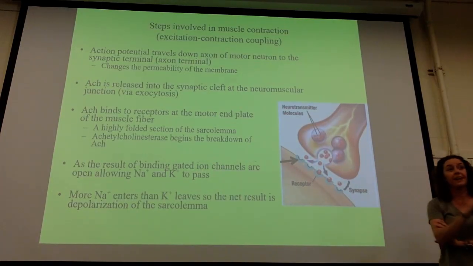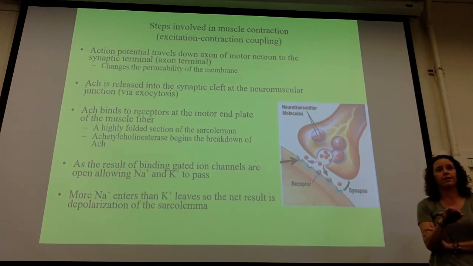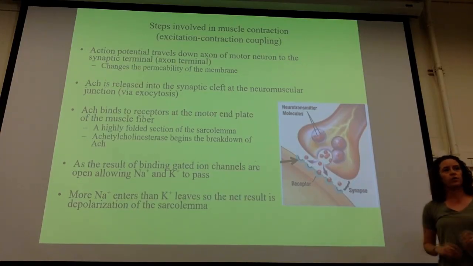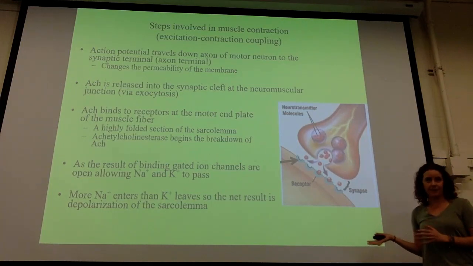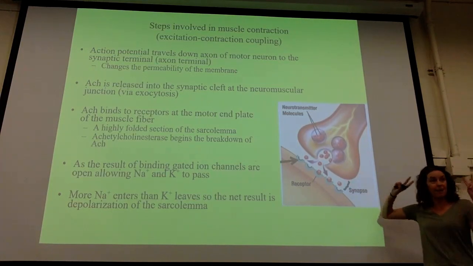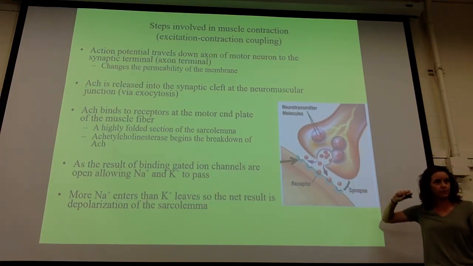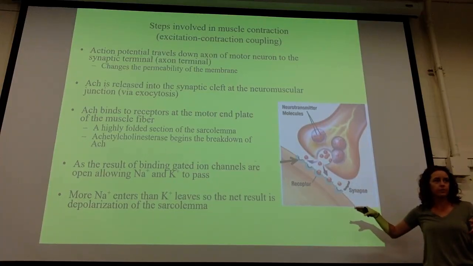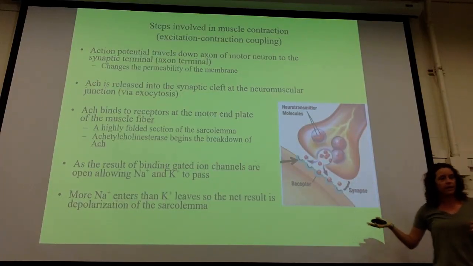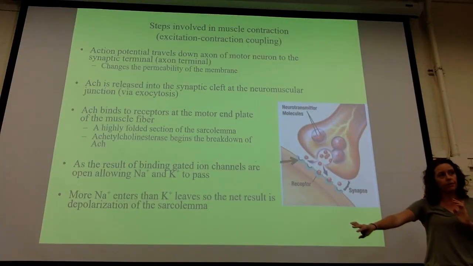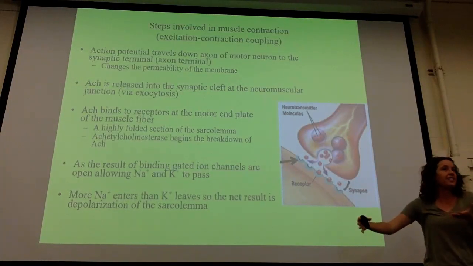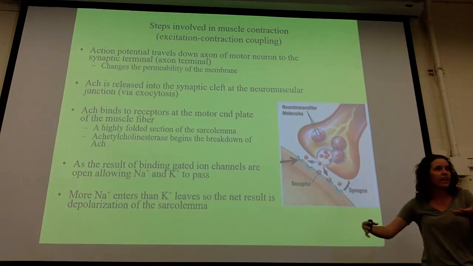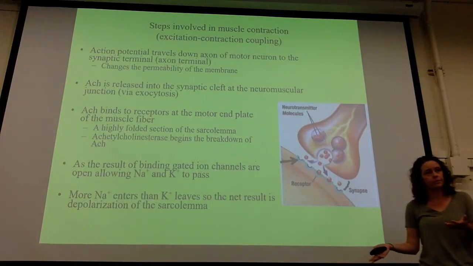I'll summarize this again, but questions for now? Okay, so in this first step, this is how the message, the action potential, reaches the muscle. Step 1, the action potential travels down the motor neuron and reaches the end of it, the synaptic terminal.